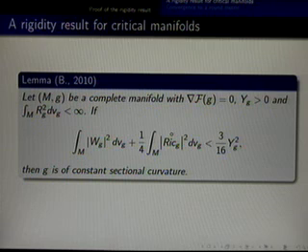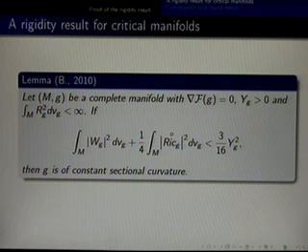So if you have a metric that is critical for the functional, that satisfies this pinching with positive Yamabe invariant, the limit also has positive Yamabe invariant, and an assumption of bounded L2 norm of the curvature that is granted because it's true along the flow.